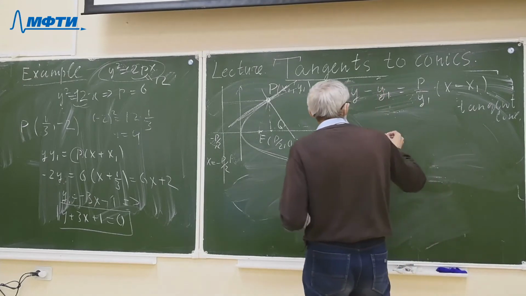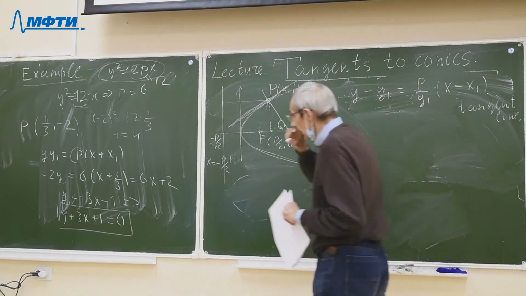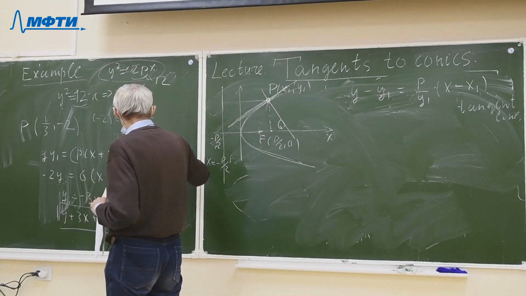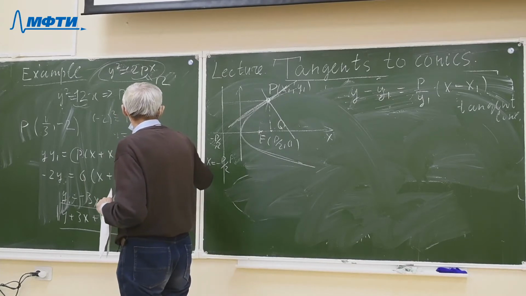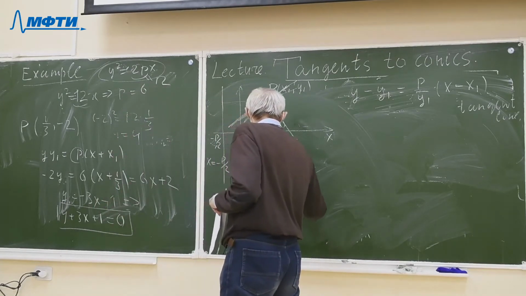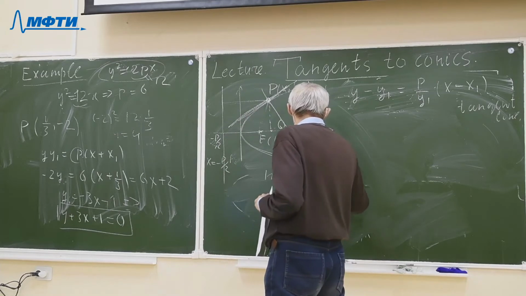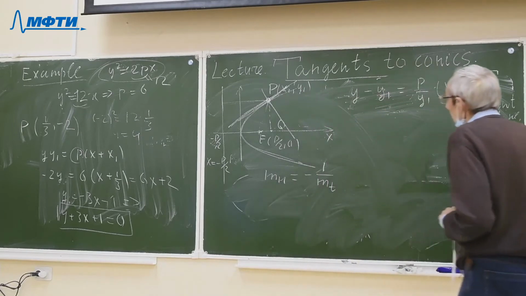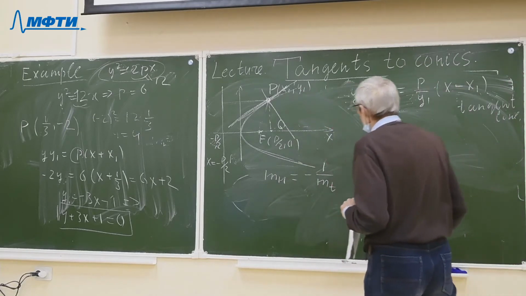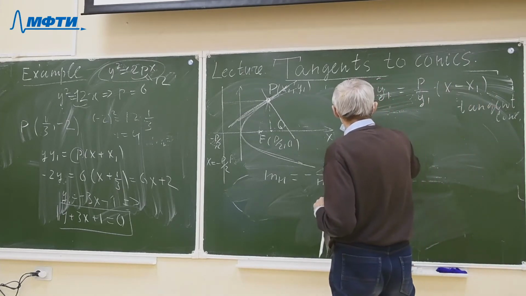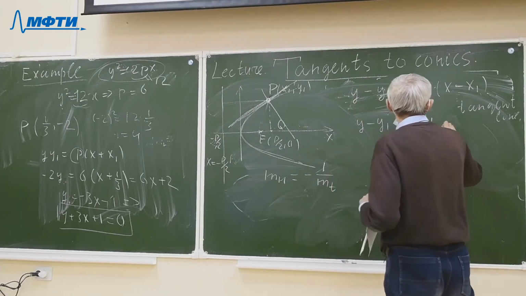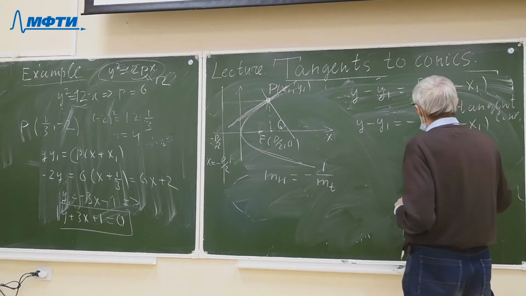In this case, the normal has the angle coefficient m normal equal to the ratio minus 1 over m tangent, and the equation of the normal line is y minus y1 equals minus y1 over p times x minus x1.